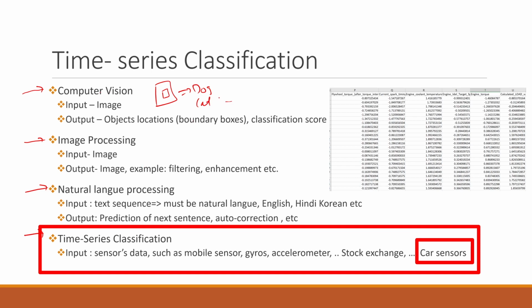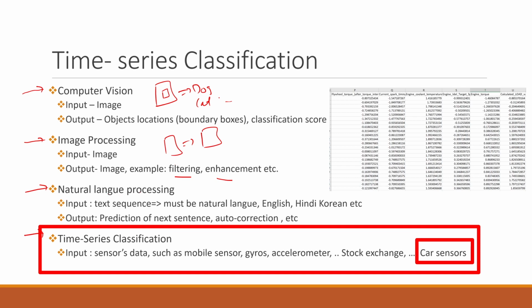So in the case of a computer vision problem, the input is always an image, but the output is these kinds of things. Similarly, in image processing, the input and output are both images. We can use deep learning to perform filtering to remove noise and sometimes to increase the quality of an image for enhancement purposes.